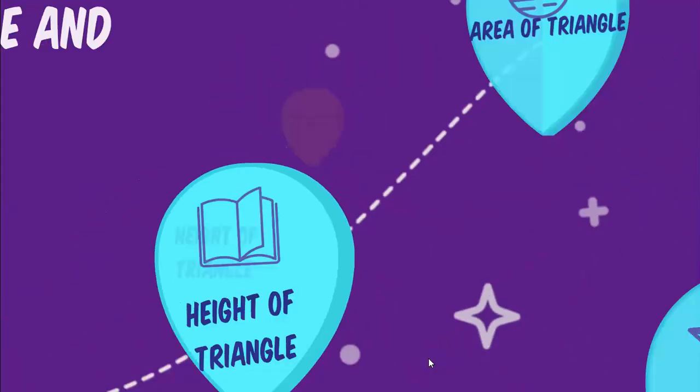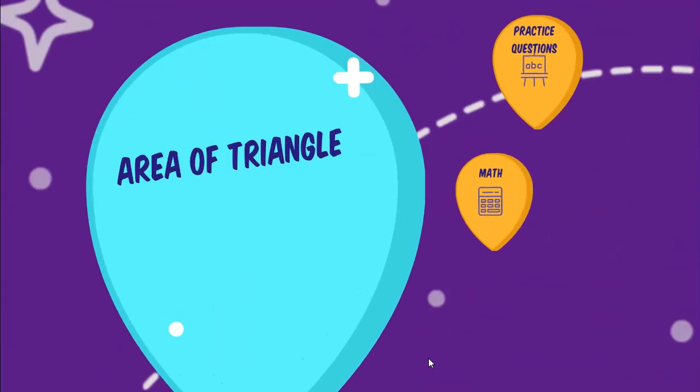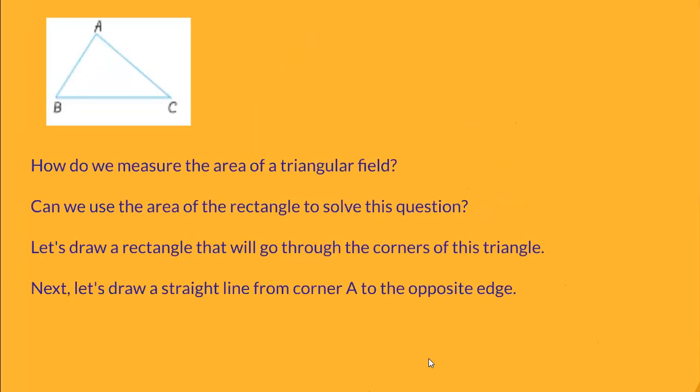Okay. We can move another step, the area of triangle. Are you ready? Yes. Okay. How do we measure the area of triangular field? Let's brainstorm. Can we use the area of the rectangle to solve this question?